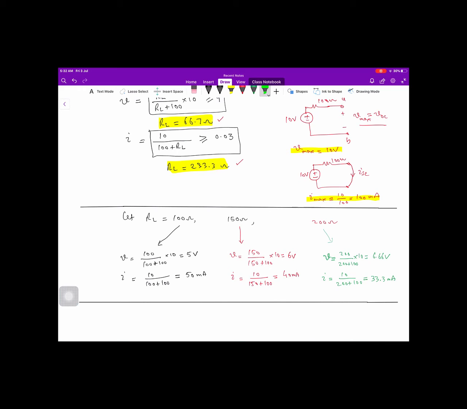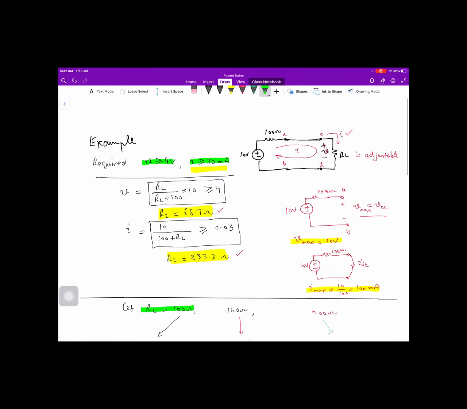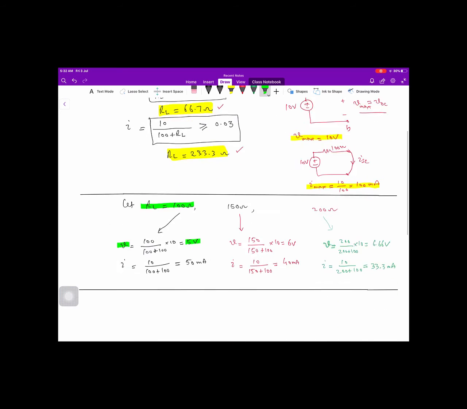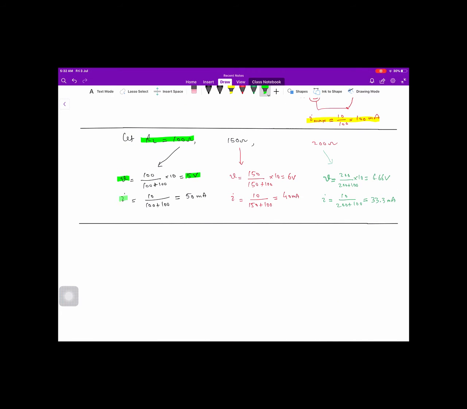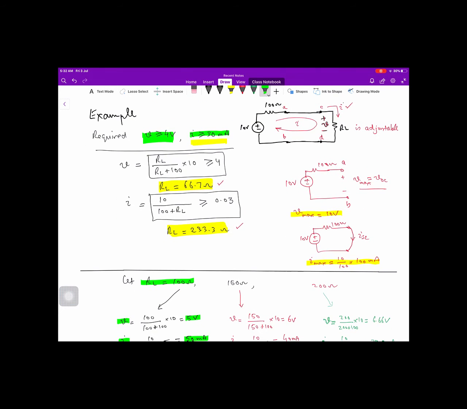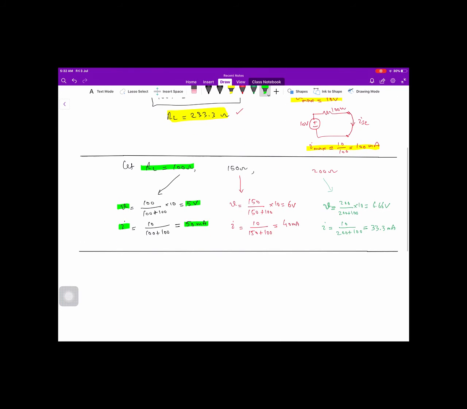So initially say RL is 100 ohm. If RL is 100 ohm, the output voltage is 5 volts, and our output voltage condition is that it should be greater than 4. Then for the current with 100 ohm resistance, the current is 50 milliampere. The condition on the current is that it should be greater than 30 milliampere, so it meets both requirements.